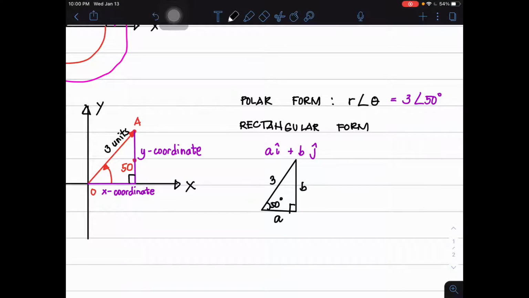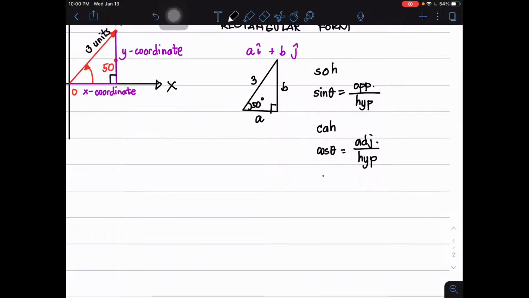SOH means sine theta is equivalent to opposite side over hypotenuse side. CAH means cosine of an angle is equal to adjacent side over hypotenuse side. And TOA means tangent theta is equivalent to opposite side over adjacent side.